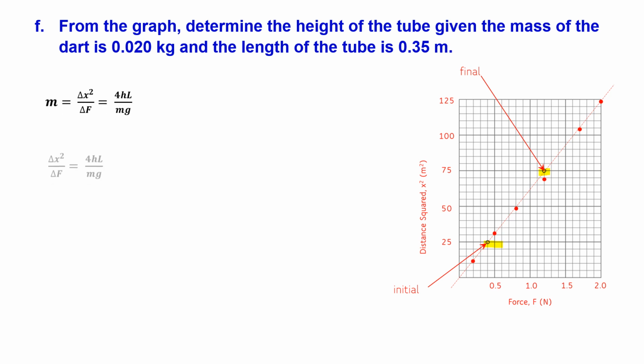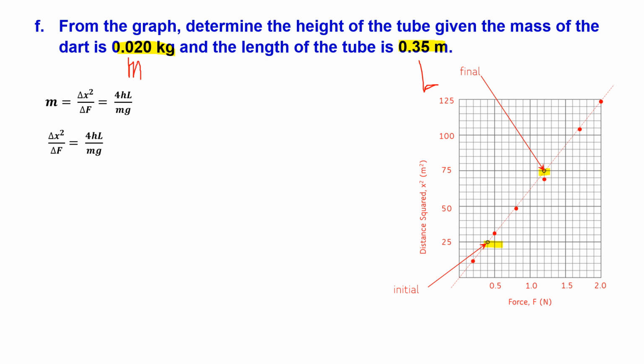So again, from the equation on the other side, delta x squared over delta F is equivalent to 4HL over mg, where the mass is already here and L is right here. So this is my mass m, and this is my L right here. However, our delta x squared.